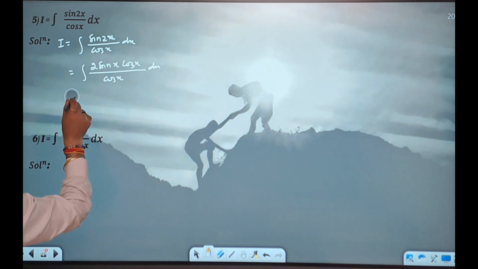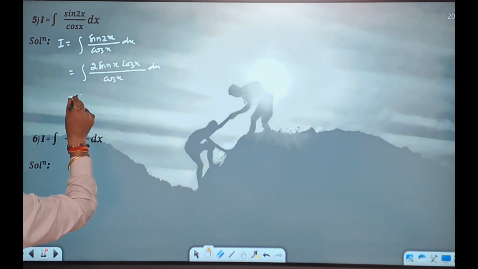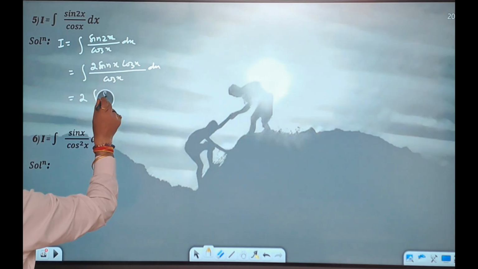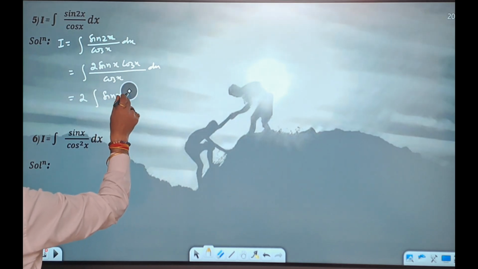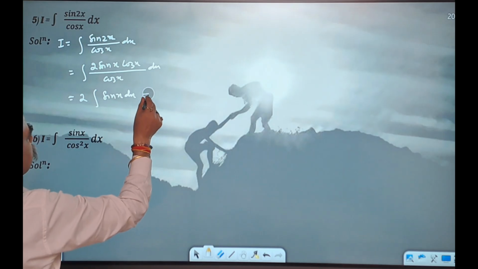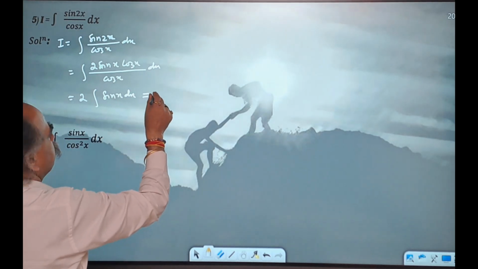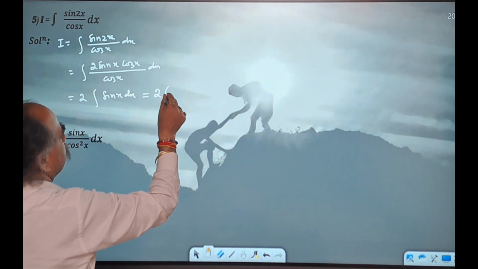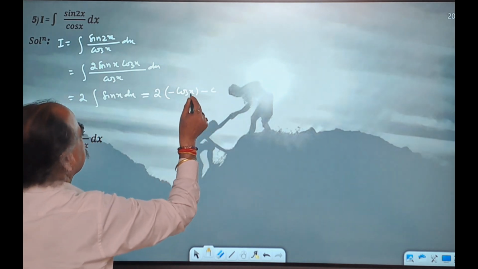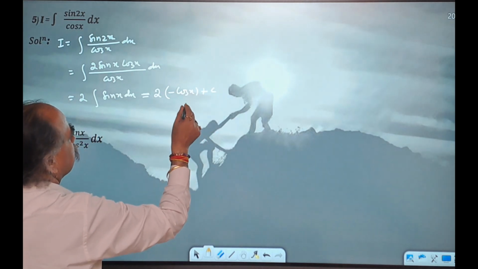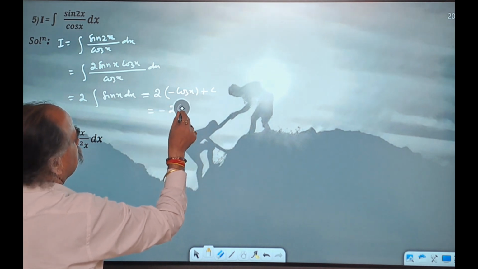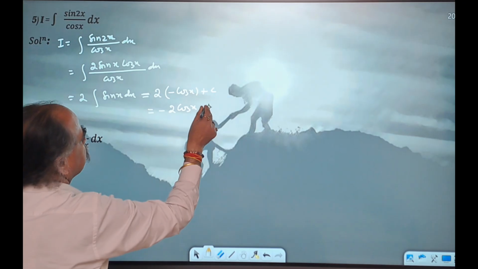Cos will get cancelled, 2 you take outside. Integral sin x dx, two into minus cos x plus c, which is minus 2 cos x plus c.